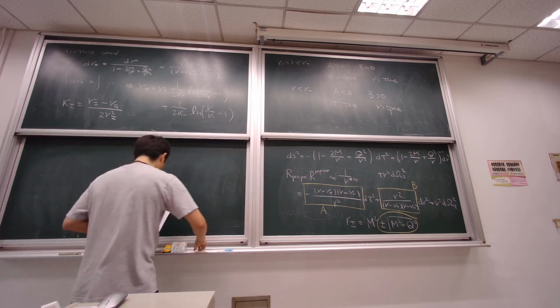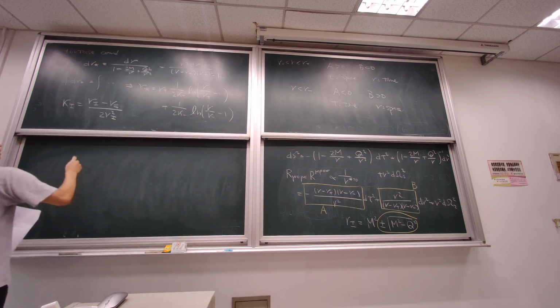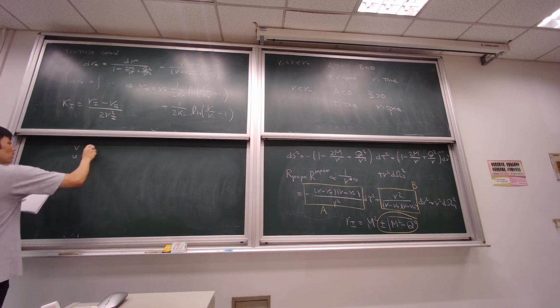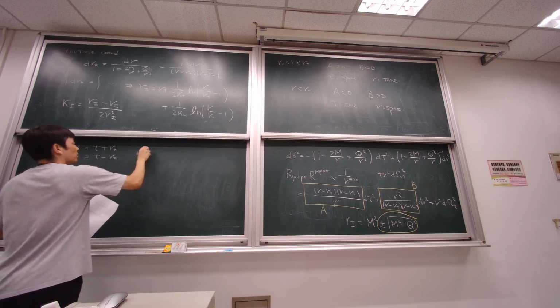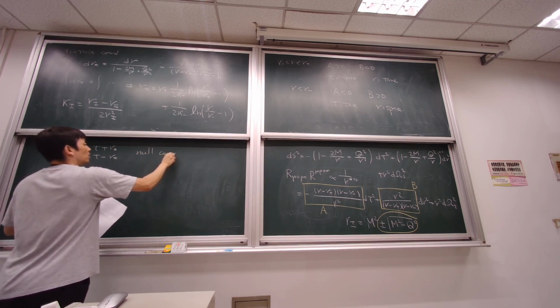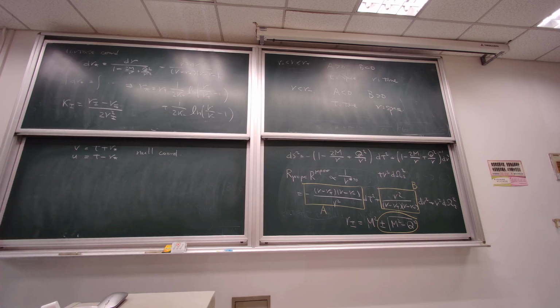And then, as we did, we introduce the new coordinates v equal to t plus r star and u equal to t minus r star. So v equal to constant or u equal to constant becomes a null, radial geodesic. That's how we choose this tortoise coordinate.